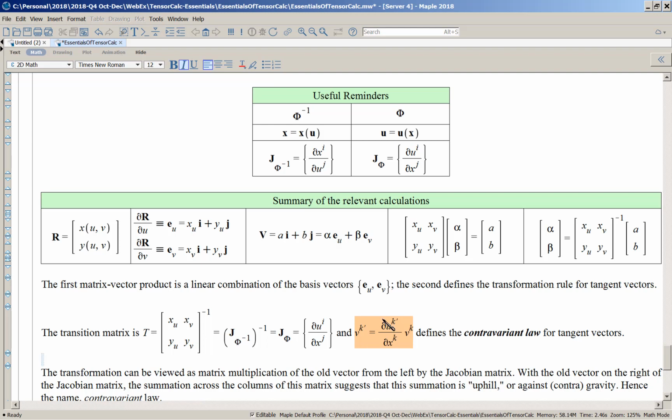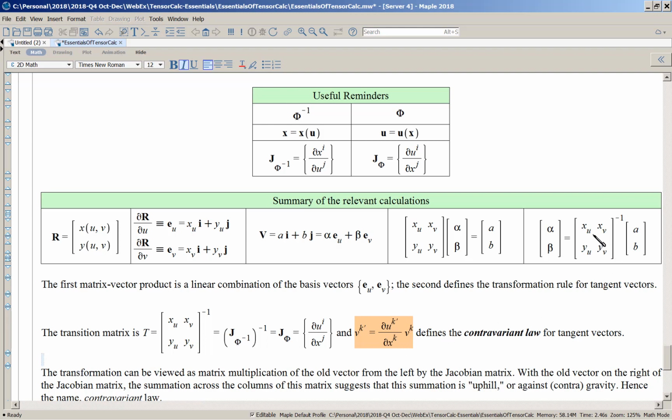And here's a fancy way to express that. And so what did we just learn? New coordinates. That's what this symbol means. New coordinates, if you change variables, is a Jacobian matrix. Right? It's a Jacobian matrix. That's what that is, times the old coordinates.